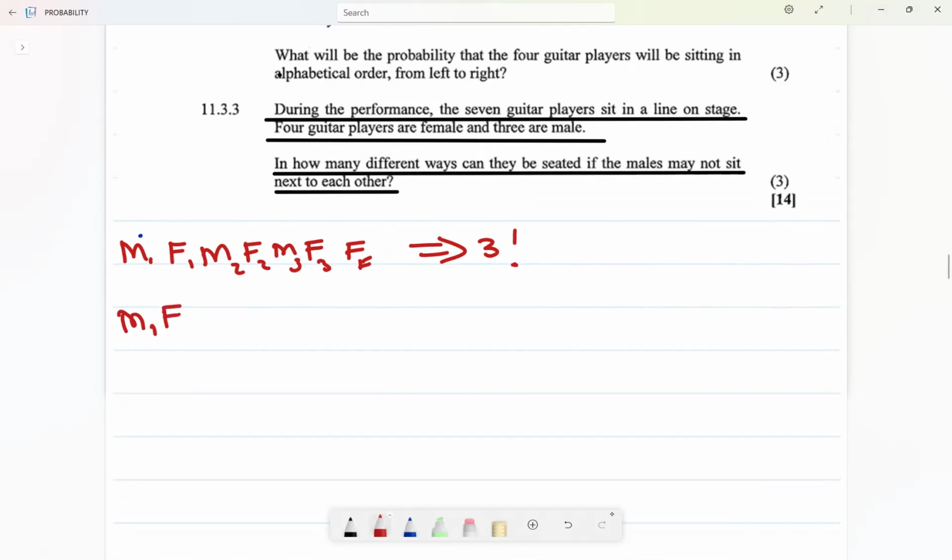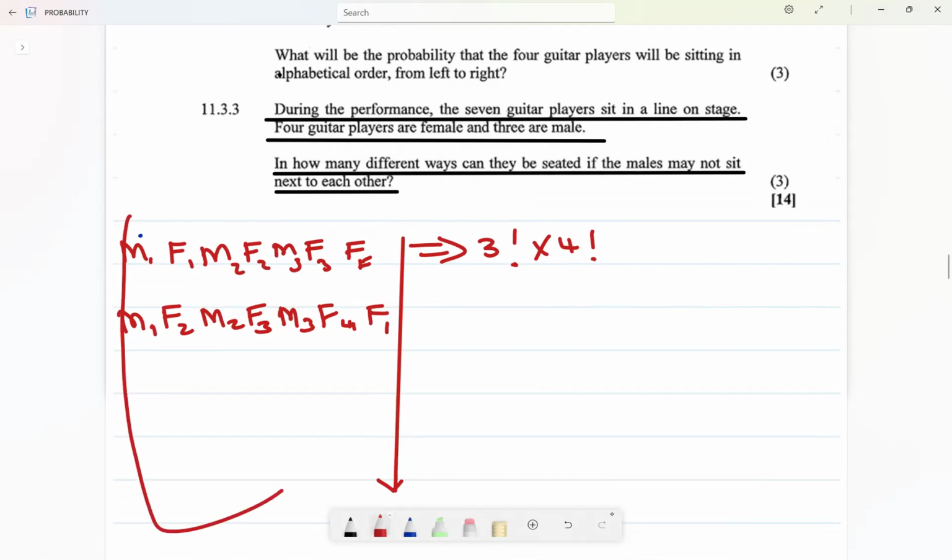Say female 2, male 2, female 3, male 3, female 4, blah. You see, and then female 1. This is multiplied by 4 factorial ways. You can go all the way down there and see what you will get. What you will get is that there are 10 combinations of doing this, and then you just multiply by 10.